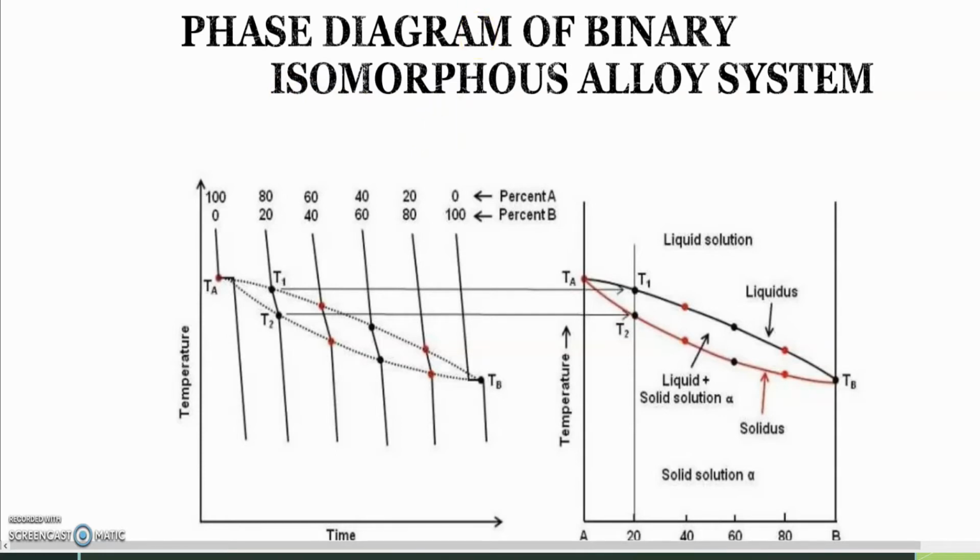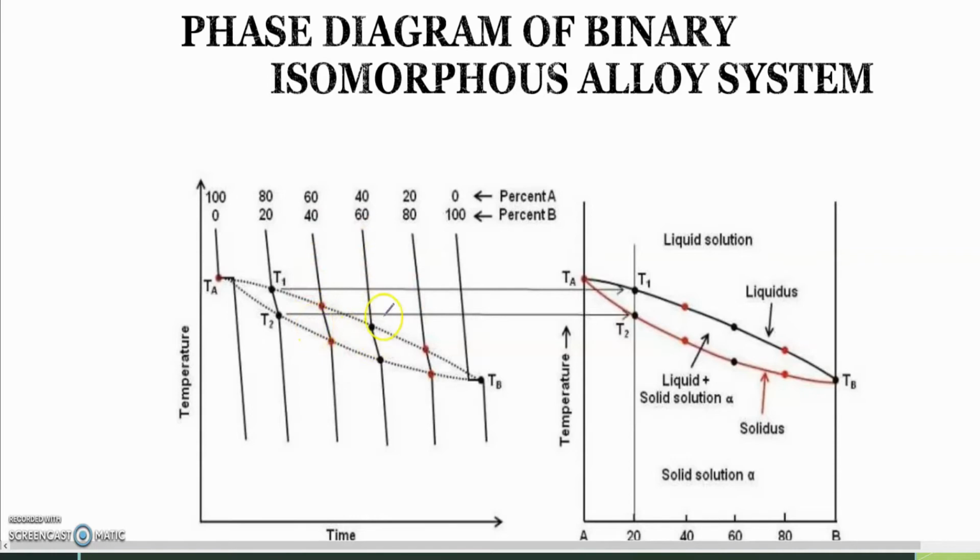So the construction of phase diagram is based on the cooling curve. Dia berdasarkan daripada cooling curve of the metal and alloy as shown in the figure. This is a series of cooling curve at different metal composition. So first we construct this diagram.